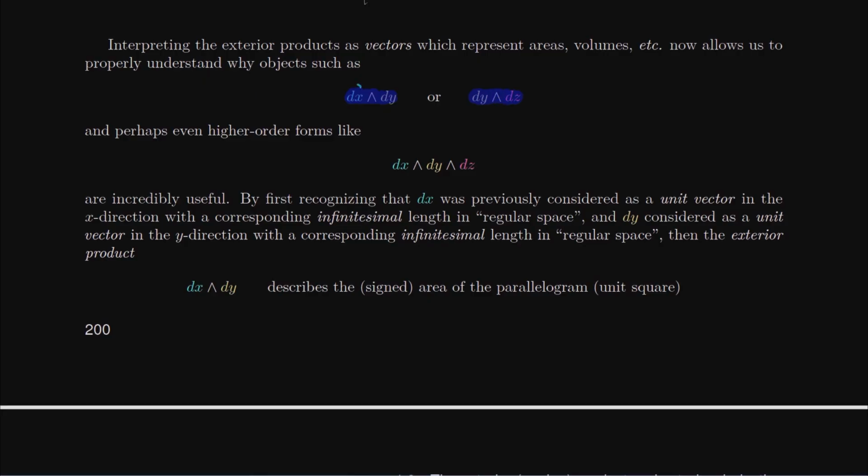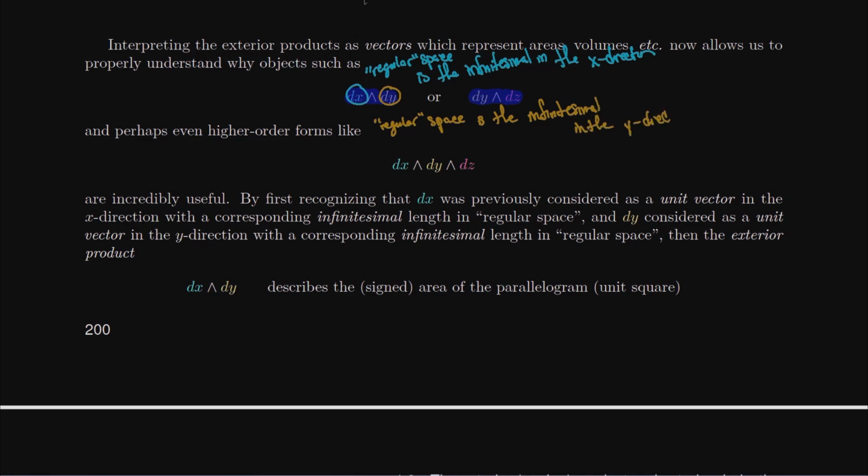Well, we know that dx in regular space, quote unquote regular space, is the infinitesimal in the x direction. And dy in regular space is the infinitesimal in the y direction.